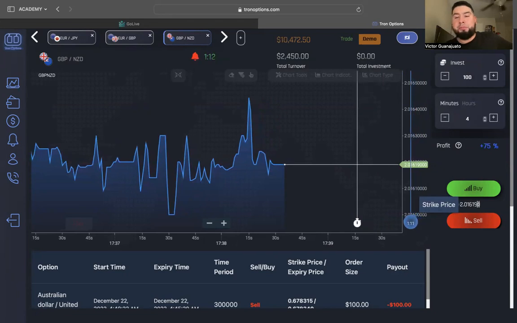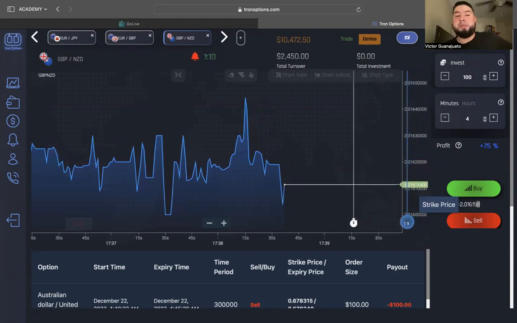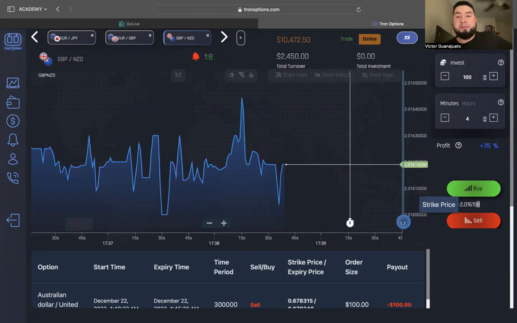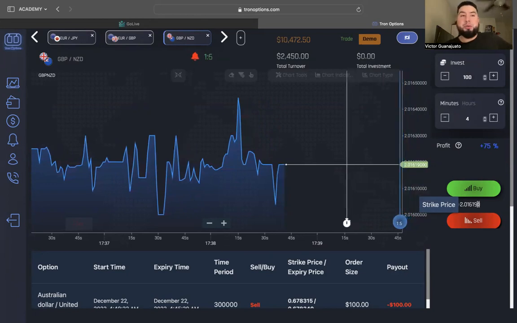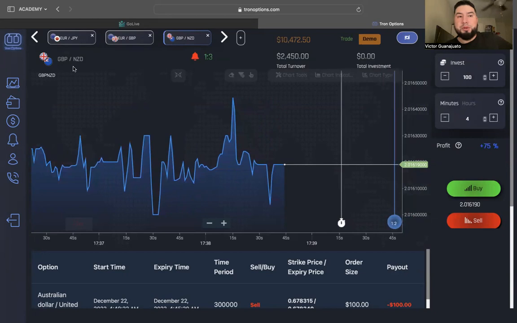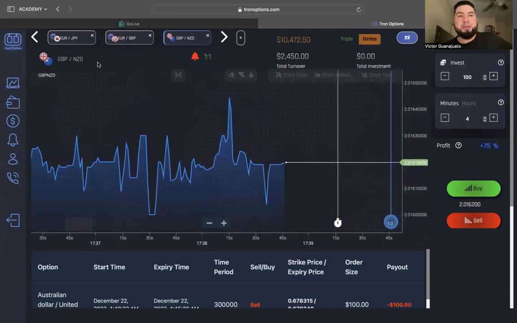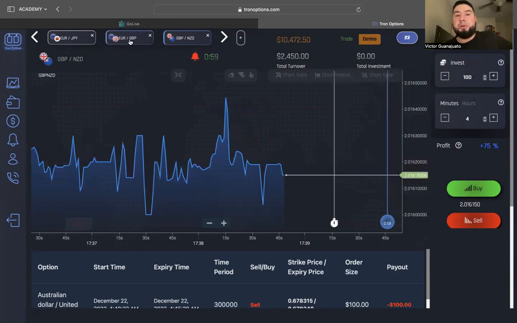I don't want you to count it. In any pair of currencies that does not have the Japanese yen in it, basically like the one we're looking at right now, Great Britain pound, New Zealand dollar, or the euro and Great Britain pound.